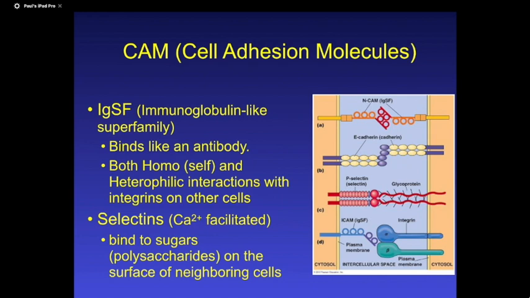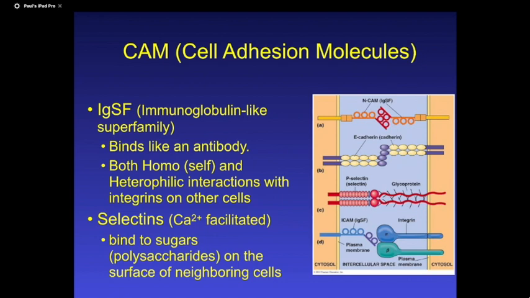The last class of cell adhesion molecules are what are called selectins. We'll come back to a selectin in a little bit, not in this chapter, but a couple chapters. A selectin is this: on the outside of a cell, I have a binding protein, and what it binds to is a sugar, or a group of sugars. Now, a lot of other cells will present sugars on the outside. I told you sugars are presented on the outside.